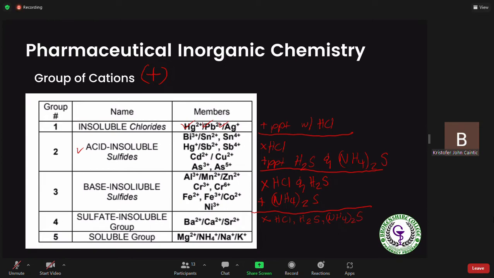But rather, they form a precipitate with your ammonium chloride. So take note of the following solvents. So that is your group number 4.